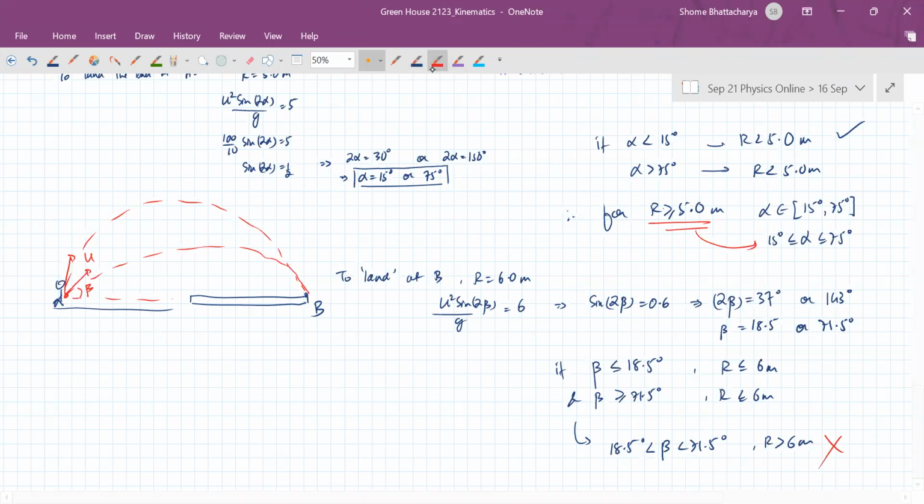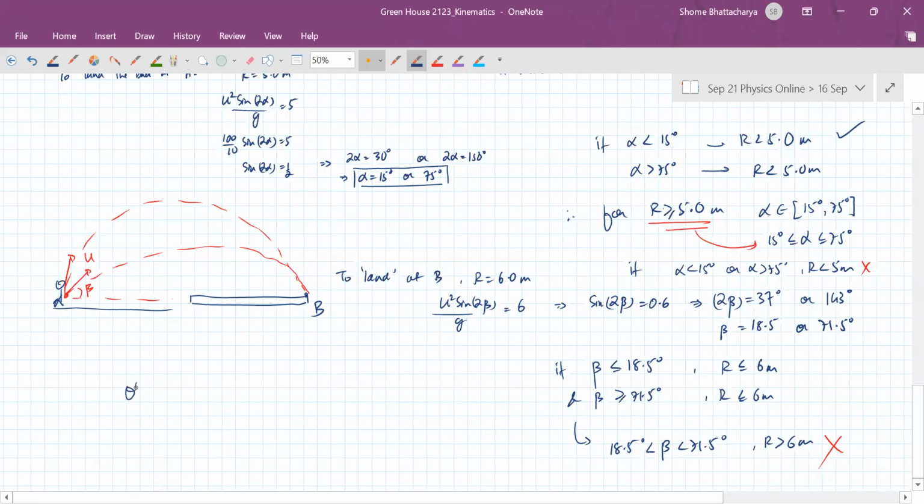And similarly, this tells me that if alpha is less than 15 degrees or alpha is greater than 75 degrees, the range becomes less than 5 meters. So this is what we don't want. So we want the angle of projection such that it satisfies both the conditions of alpha and beta.